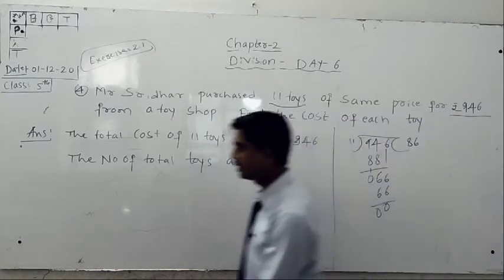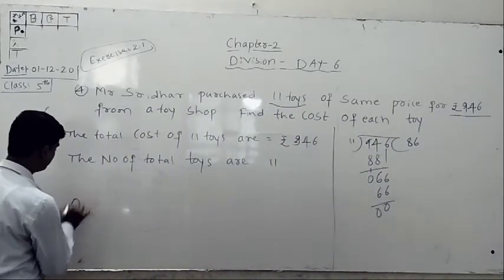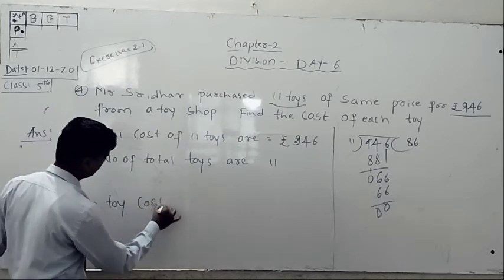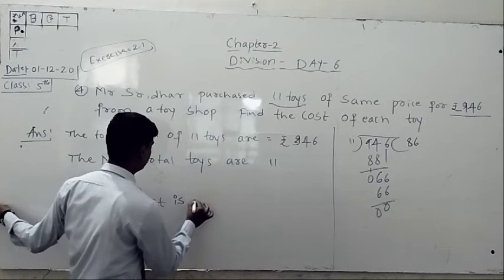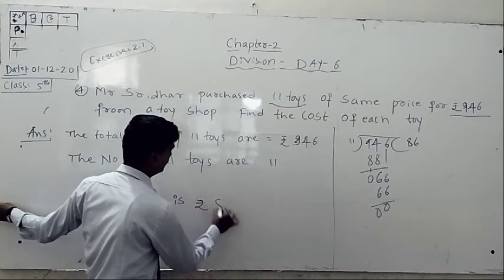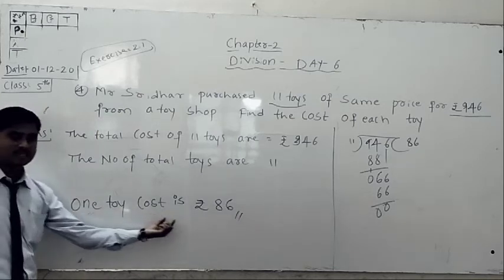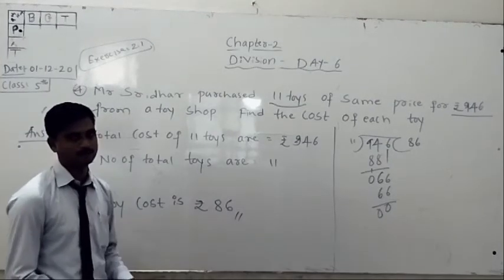Then one toy cost is 86. The one toy cost is rupees 86 only.